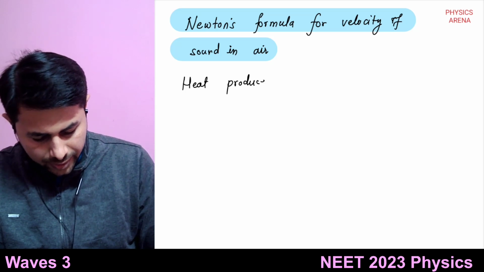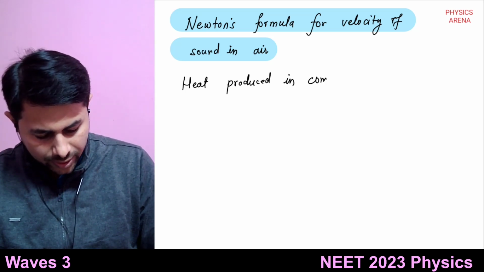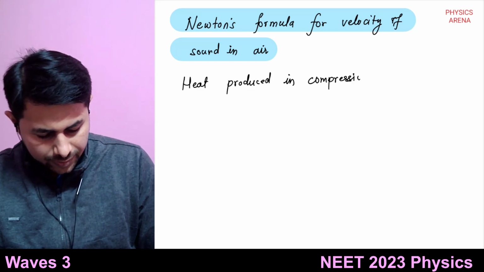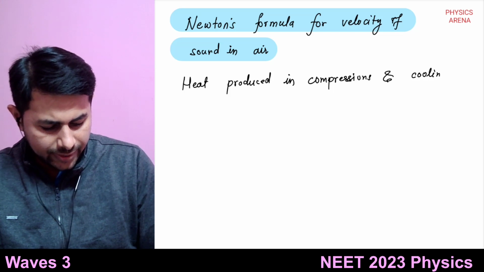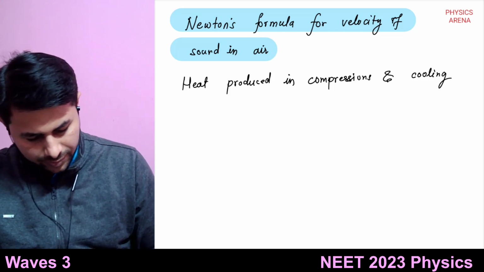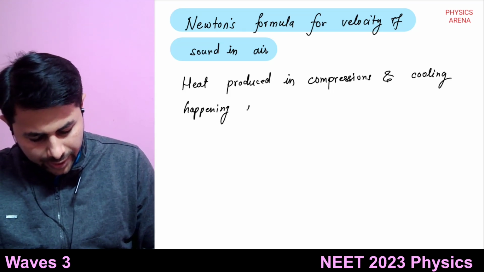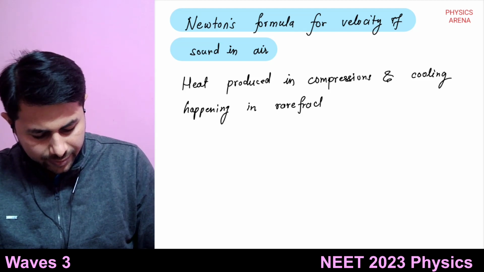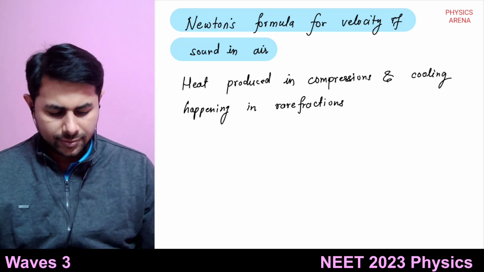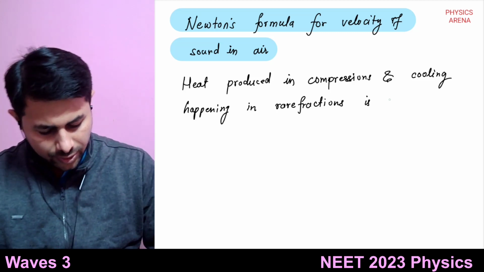Okay, so according to Newton, the heat produced in case of a compression and cooling happening in rarefactions is a slow process.